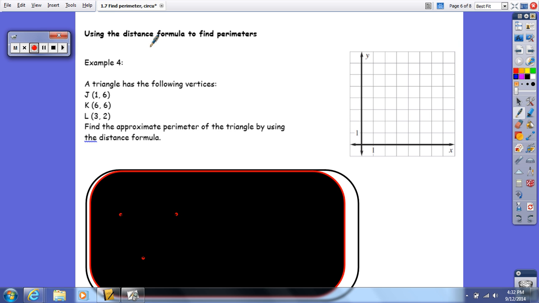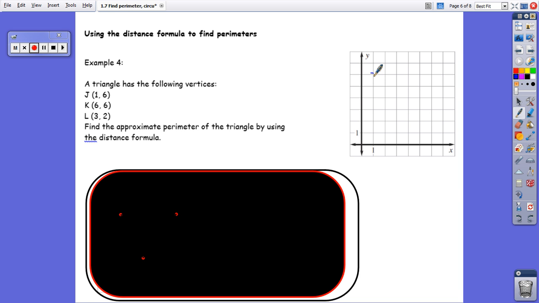Now we're going to use the distance formula to find perimeters. So example 4, a triangle has the following vertices. J is 1, 6. Go ahead and plot that. 1, and then go up 6. And label. K is 6, 6.